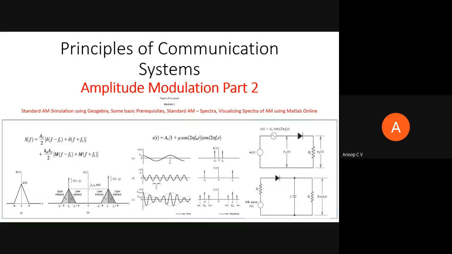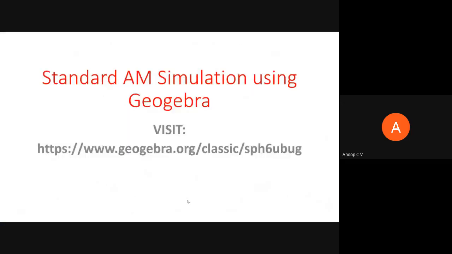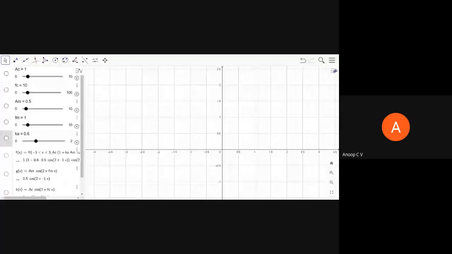So now we'll start with a simulation of standard AM. I have stopped sharing the screen. I'll share the GeoGebra tab in my Google Chrome.